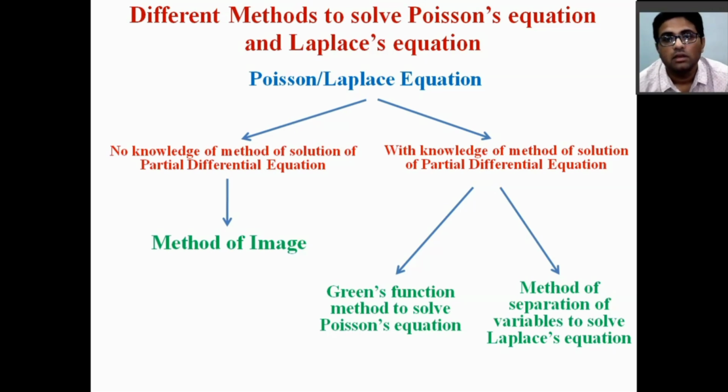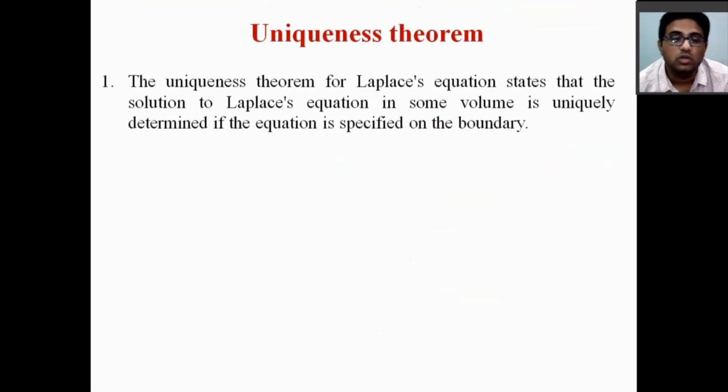Now the solution of Laplace equation is actually unique. It is uniquely determined if the potential is specified on the boundary. This is called the uniqueness theorem of Laplace equation.